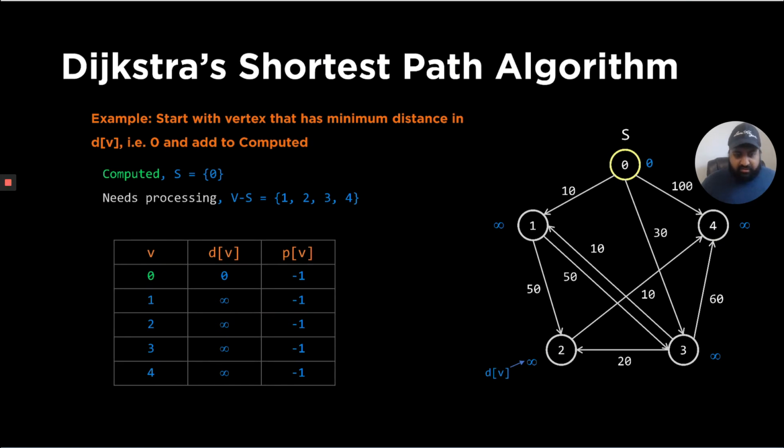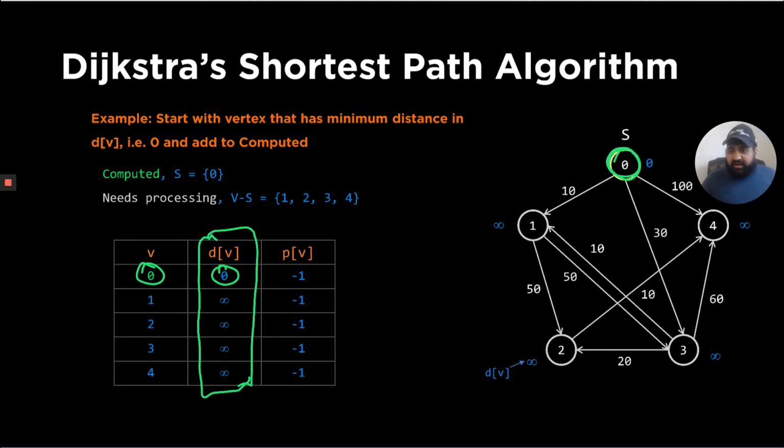So let's start the algorithm. We start with the vertex that has the minimum distance in dv. So in this dv, we'll see what is the minimum value. In this case, it's 0. So our start vertex is going to be vertex 0.